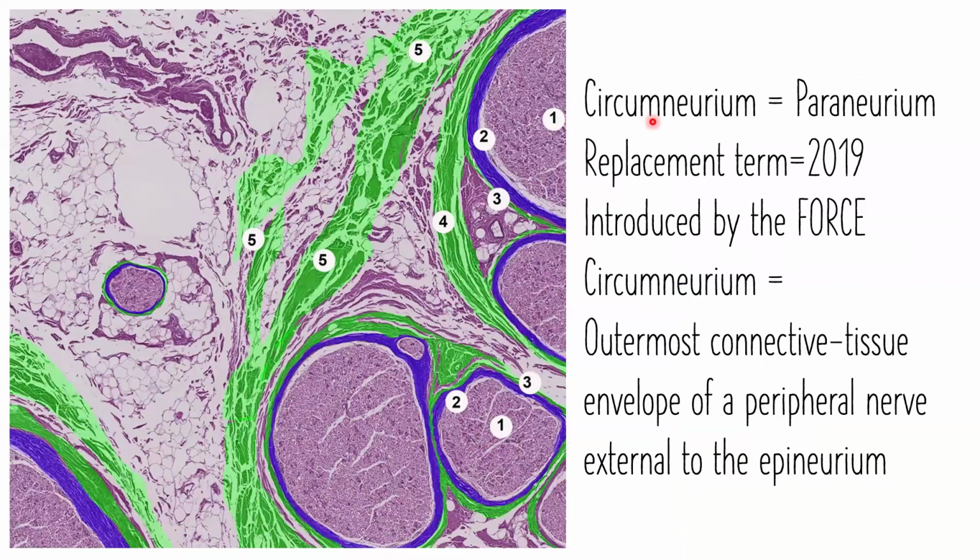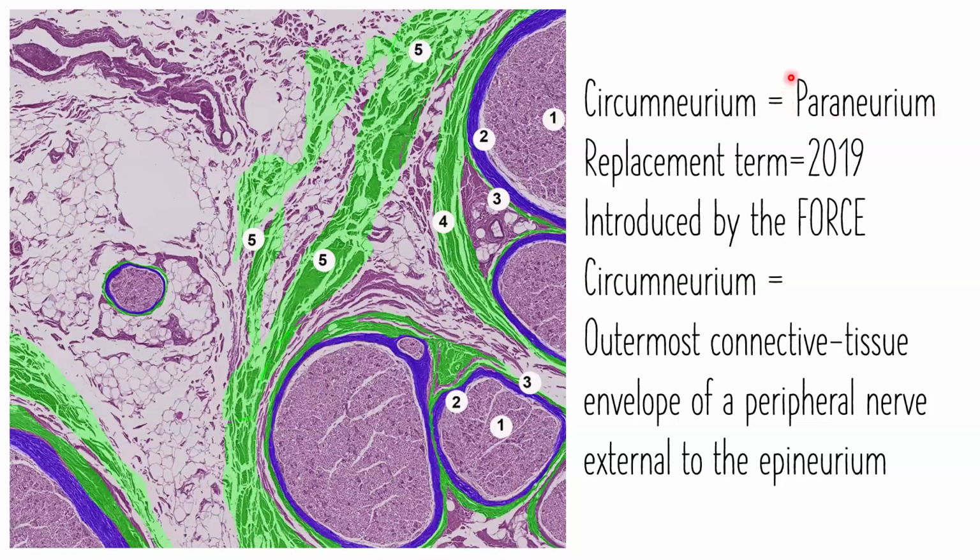So what is circumneurium is nothing but paraneurium. Now this is a replacement term since 2019. This was introduced by the FORCE. Now FORCE is a Society of Fascial Osteopathy, and they recognize that the circumneurium is the term which has to be used instead of paraneurium.